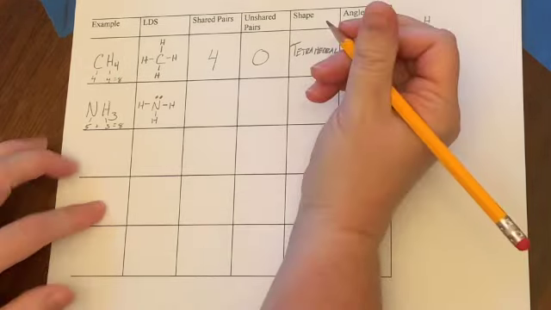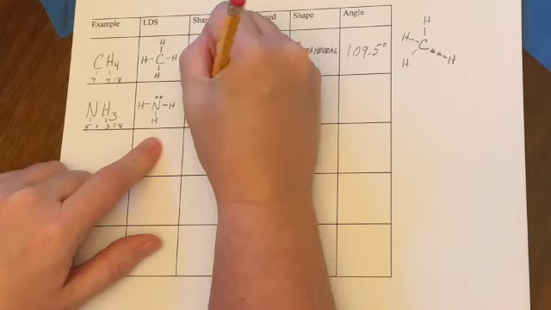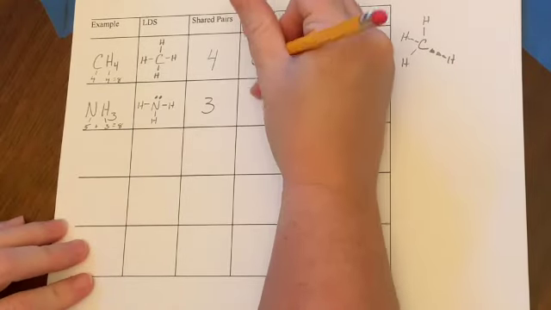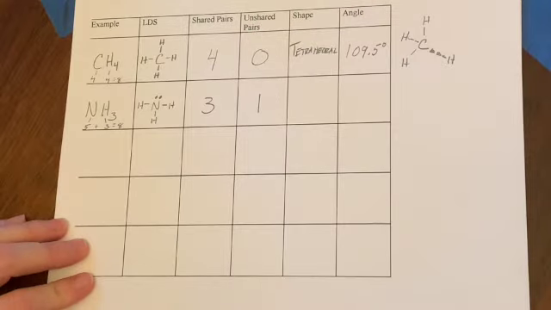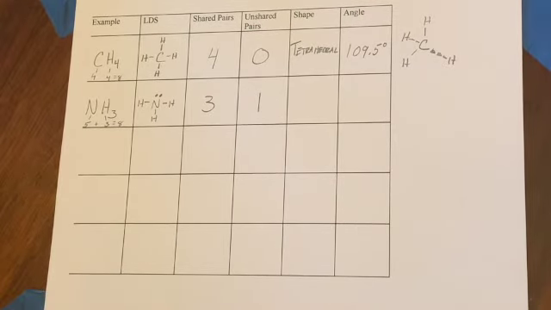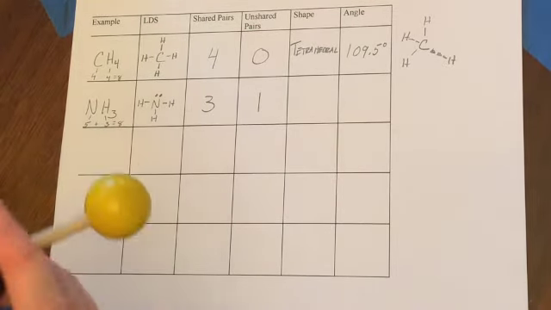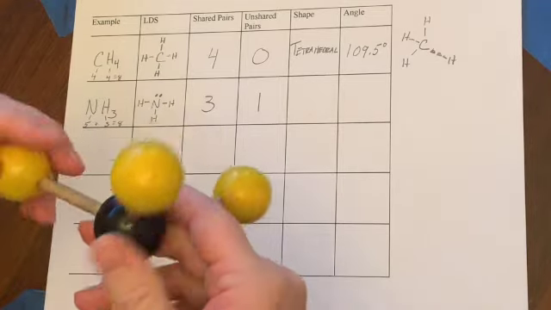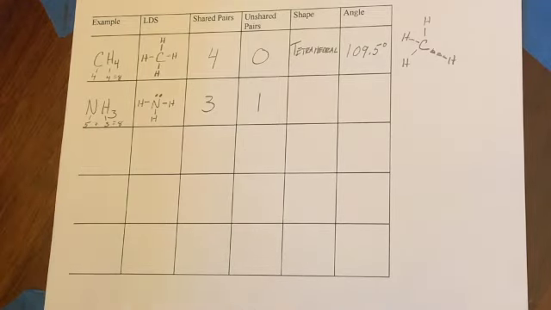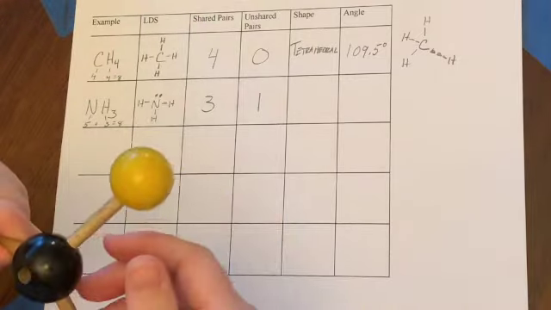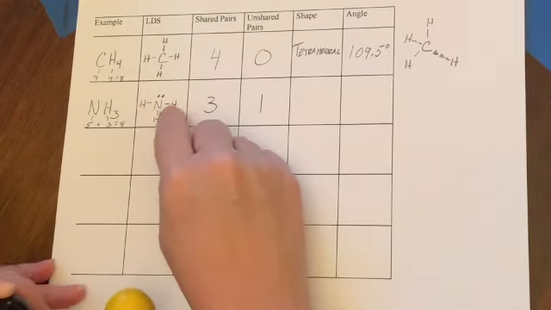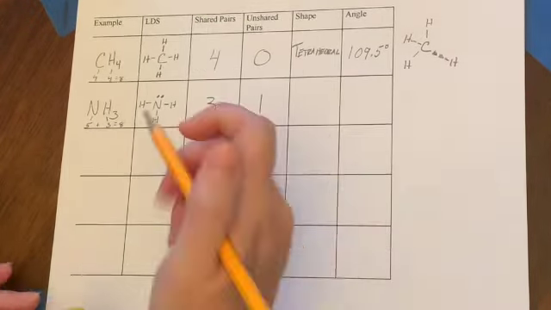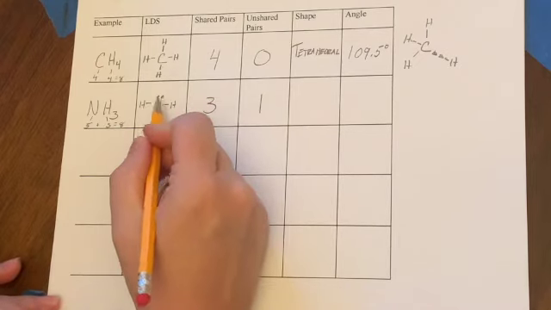We're going to count up shared pairs: 3. Unshared pairs: I have 1. What happens here is I'm going to go back to my tetrahedral shape, because this is my basic shape. Instead of having 4 bonds coming off of the center, I only have 3, and then I have this unshared pair.